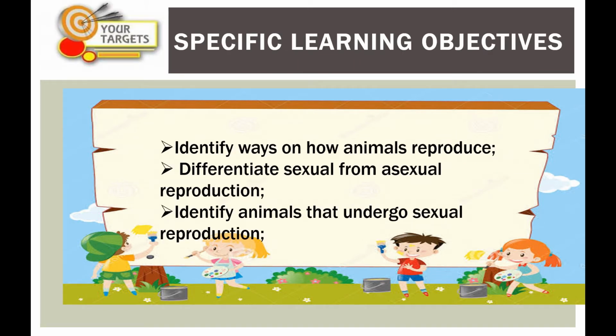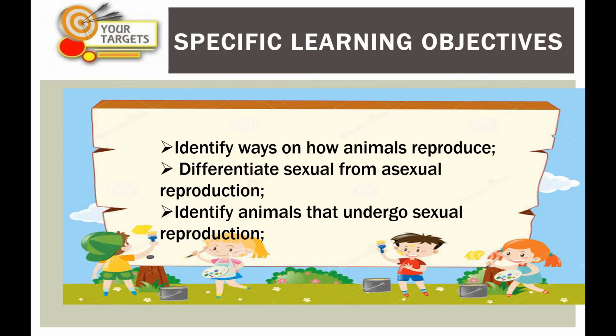For this video lesson, we will be expecting 5 specific learning objectives. First, identify ways on how animals reproduce. Second, differentiate sexual from asexual reproduction.